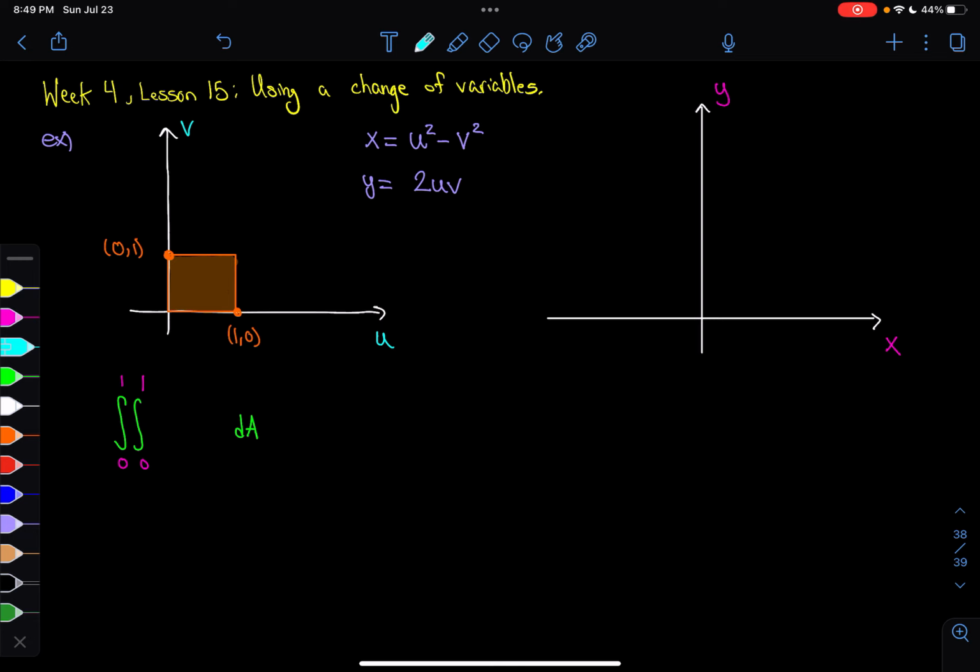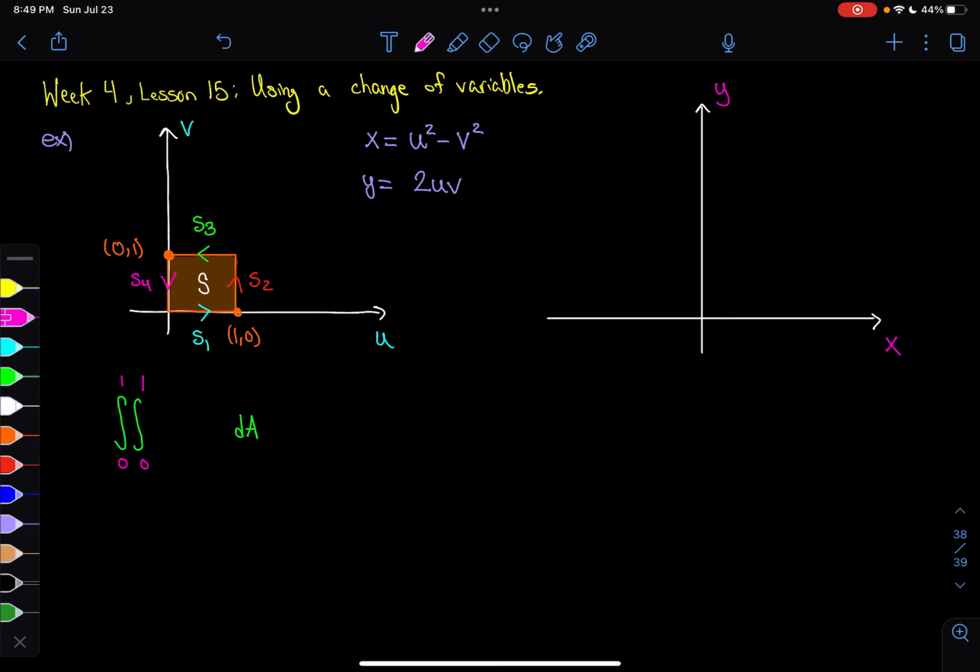The idea is that if I take this box and split it up into these 4 bounding lines that basically contain my region S, remember this is the region S in here, we might call this first line S1, the second one S2, the third one S3, and the fourth one S4.